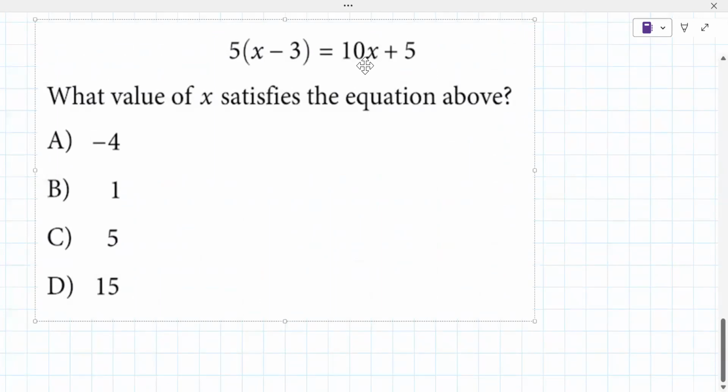So if you're going to try the answers here, which is okay, you have to substitute them in both places. When you substitute more than once, there's more opportunities for error. You could also just try solving it, meaning distribute the 5 in, get things on one side, move some stuff around. Totally up to you. How do you see it when you're looking at this? I like just plugging it in.